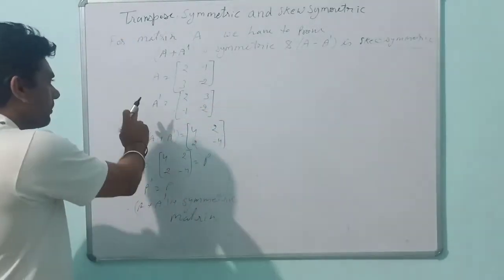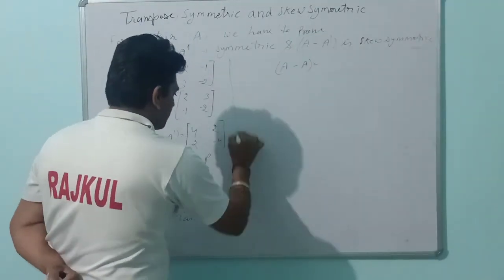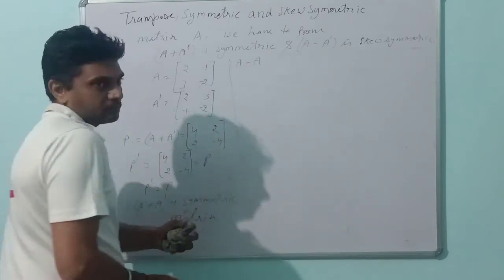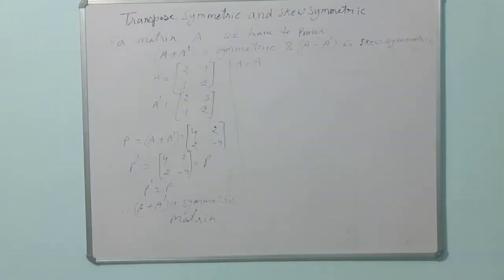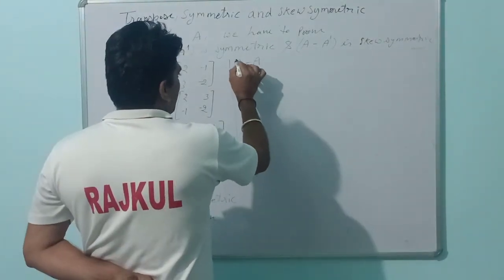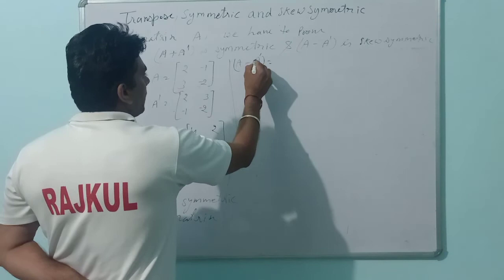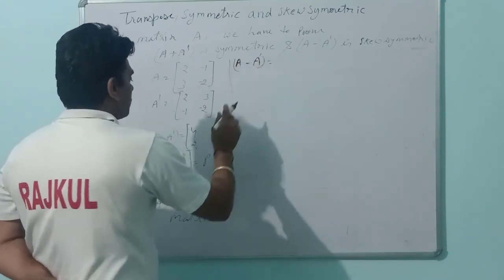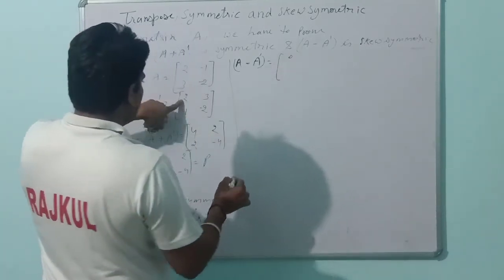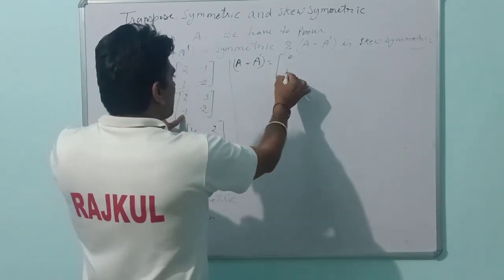Now we have to find A minus A transpose. 2 minus 2 is 0. 3 minus 1 is 2.